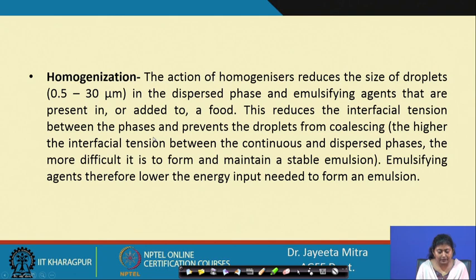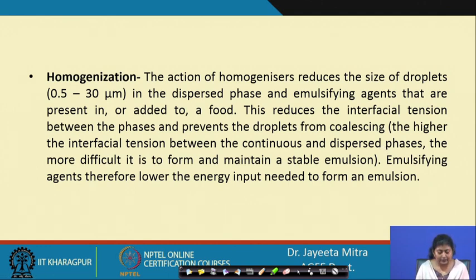So, the phase difference between the bubbles and the continuous phase, continuous liquid will be there. So, interfacial tension between these bubbles and the liquid phase will be lowered, and that prevents the drops to coalesce once again and form the higher particles.